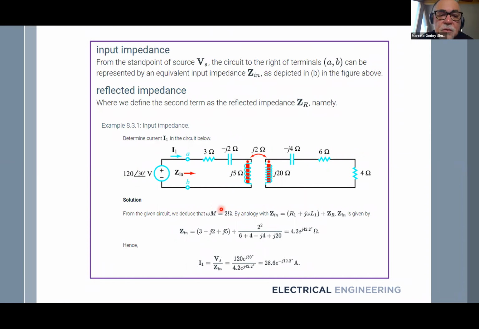Well, from this circuit, we know that Z in will be given by the equivalent value here. And I1 could be defined by that voltage divided by Z. In your book, I skipped that, but in our book, if you read, you can see that when the mutual inductance is either positive or negative, your impedance doesn't change.